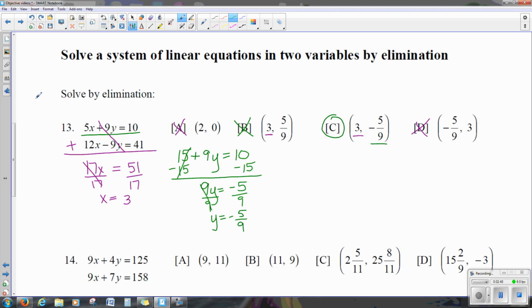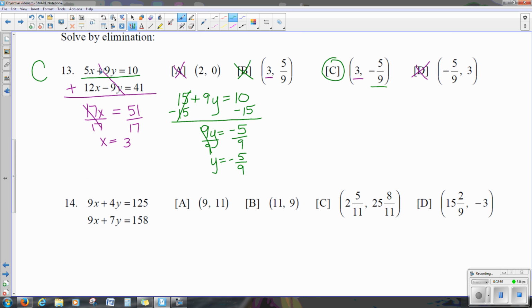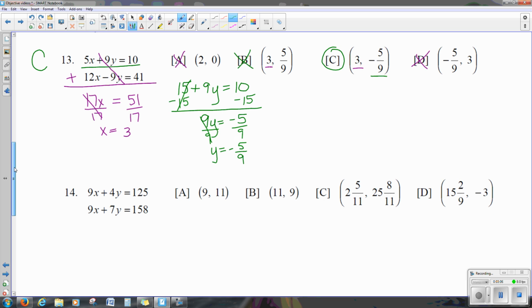And not choice B, we're going to go with C. Okay? All right, so that one was nice because positive 9y and negative 9y already kind of matched. I mean, they matched in a way that enabled them to cancel out. Positive 9, negative 9 equals 0, so those cancel out.